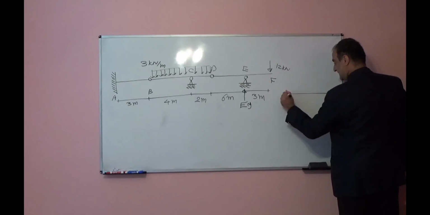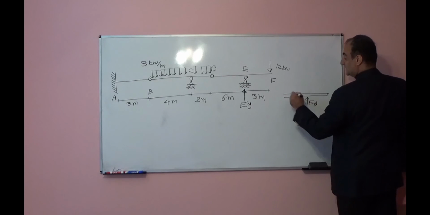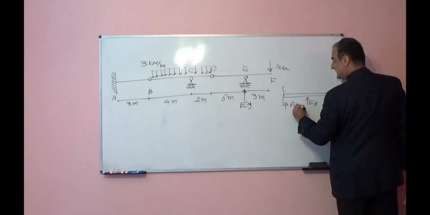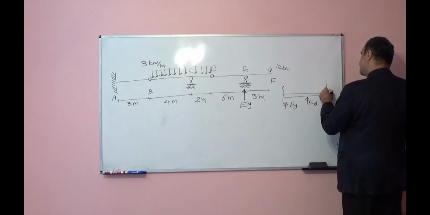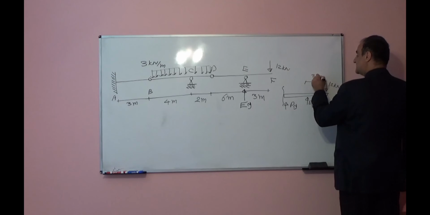In the free body diagram, if I draw it, this is EY. Here, point D, I am cutting, so here I have DY. And here I have 12 kilonewton. From here to here it is 3 meters.